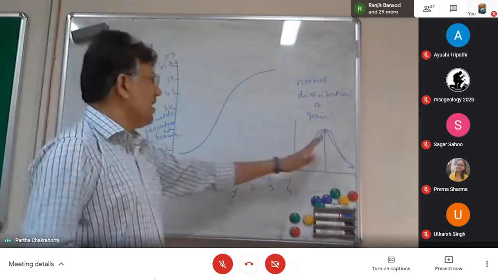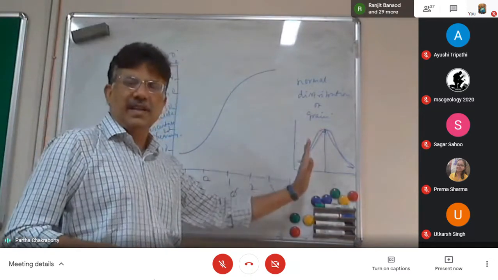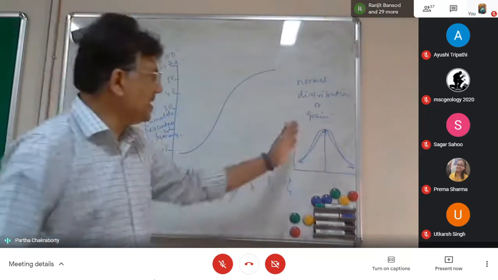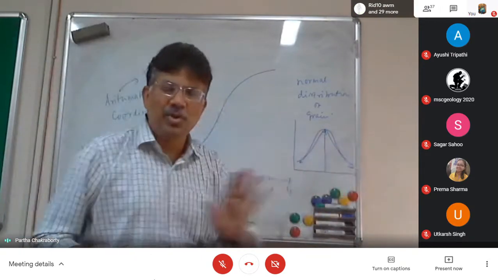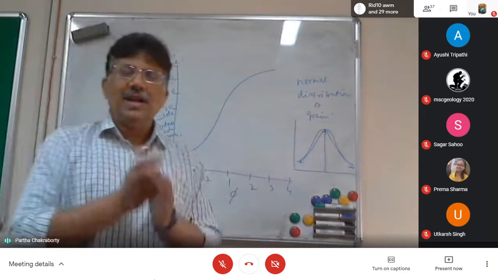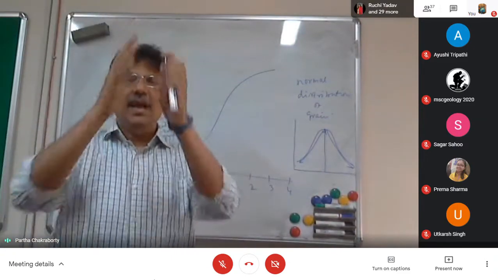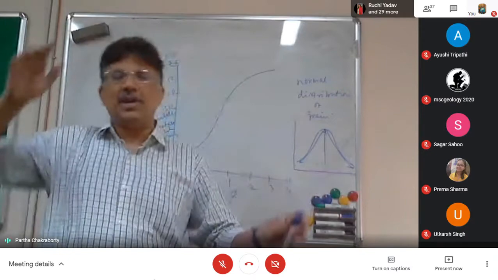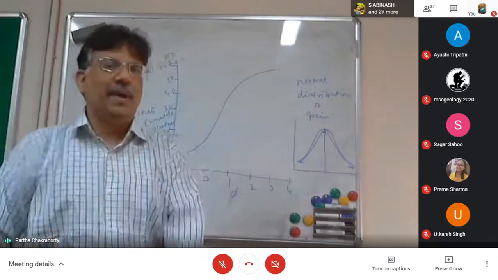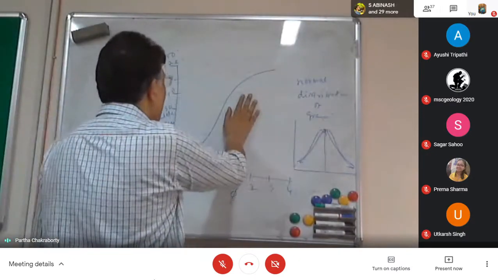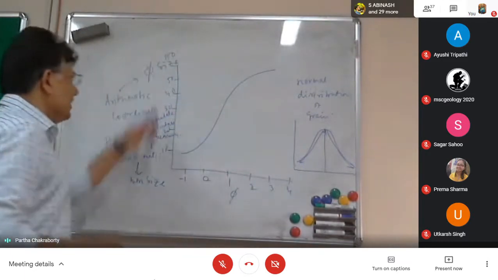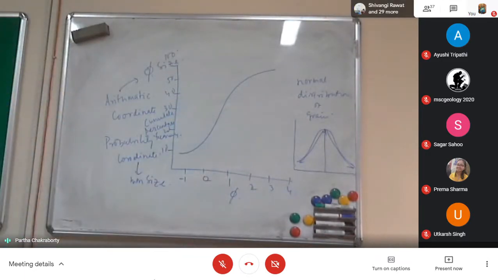If it is very much biased towards the coarser side, will it be normal? No. If it is very much biased towards the finer side, will it be normal? No. There should be a central tendency and lesser both towards the coarse and the fine. Then you call it a normal distribution. And a normal distribution, if you plot it here in the arithmetic scale, you get this kind of pattern.